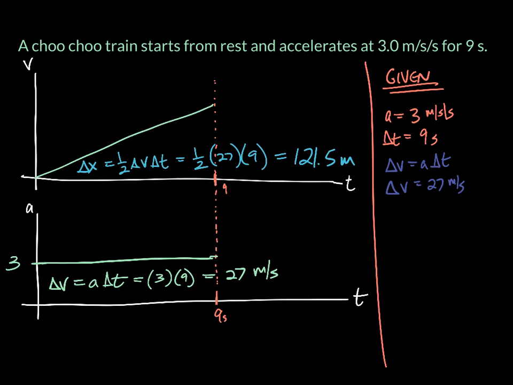And then you would say, oh, and there's another rule that says delta x is v naught delta t plus 1/2 a t squared. And you would say, well, it didn't have an initial speed, so that's 0. So my delta x is just 1/2 a t squared.